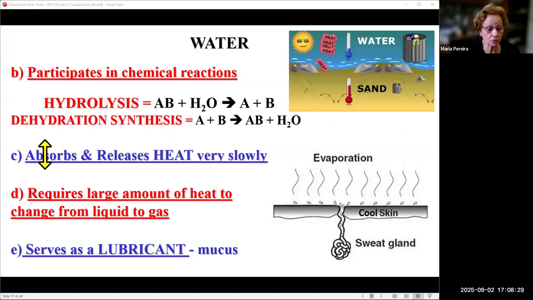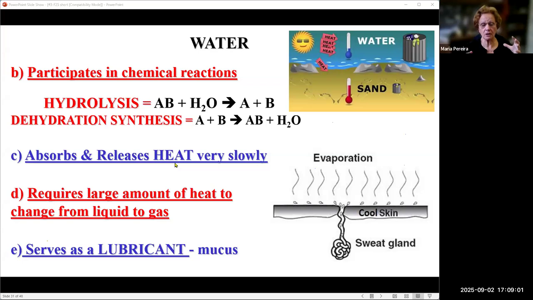Water is very useful because it absorbs and releases heat. Remember that our body temperature is maintained at a very narrow range. 37 degrees can go up or down by about 0.2 degrees, but it's kept in a very narrow range. So how is that possible? Because of water. Water absorbs and releases heat. Think about a car.